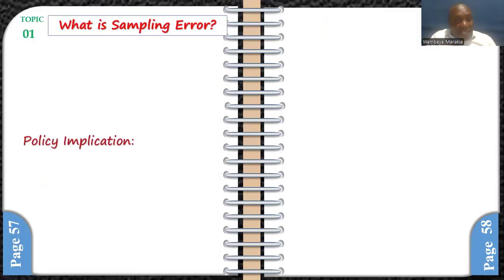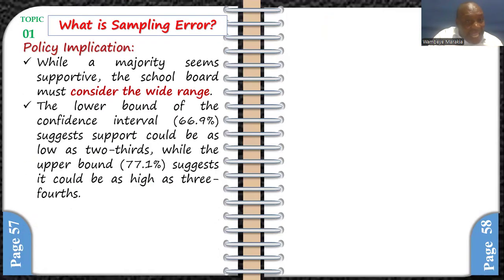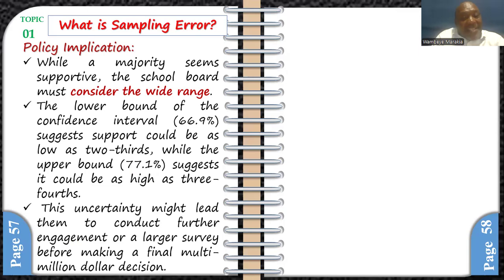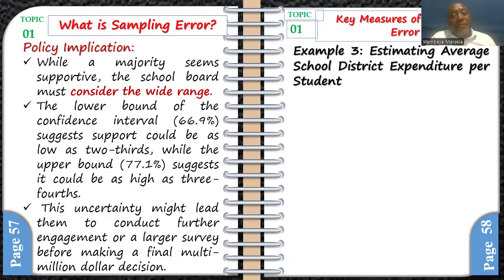A policy expert must consider that the lower bound of 66.9 suggests support could be as low as 2/3, while the upper bound of 77.1% suggests that it could be as high as 3/4. This uncertainty might lead them to conduct further engagement or a larger survey before making a final decision that will affect this $1 project.